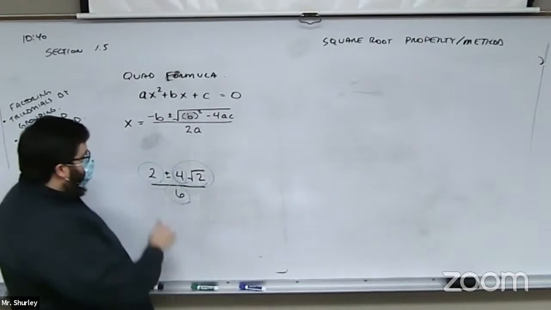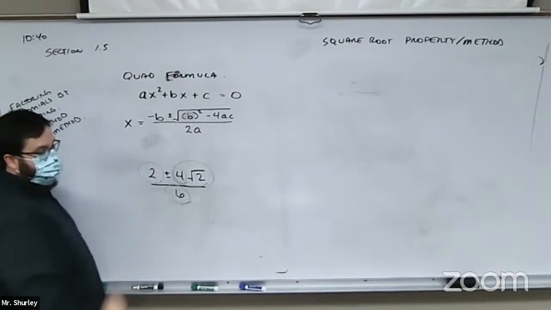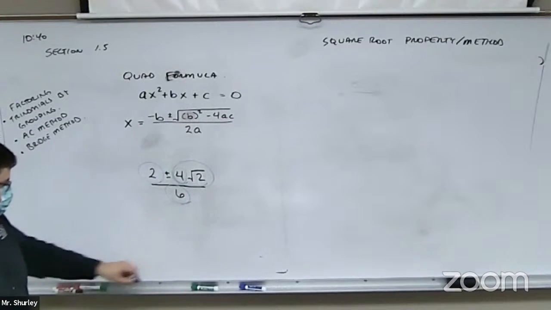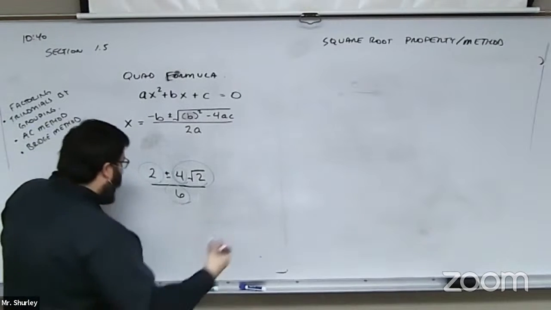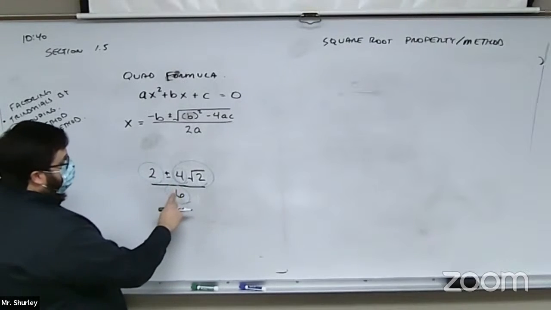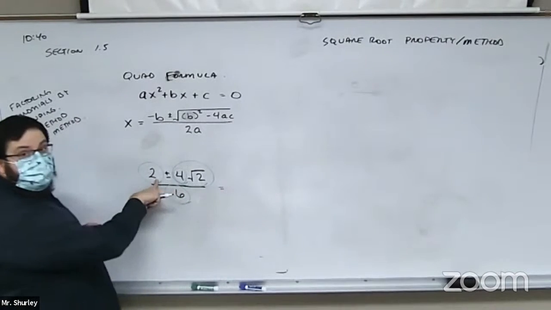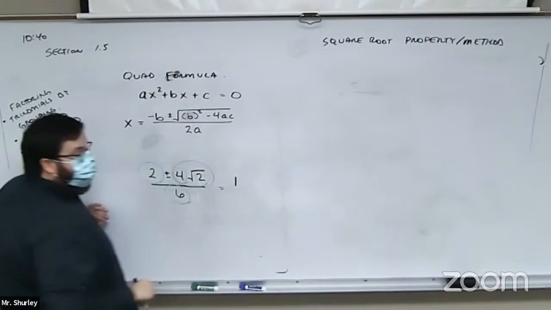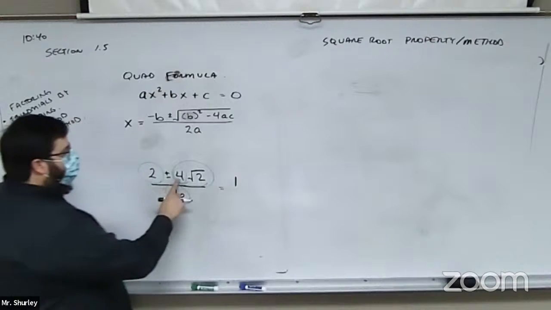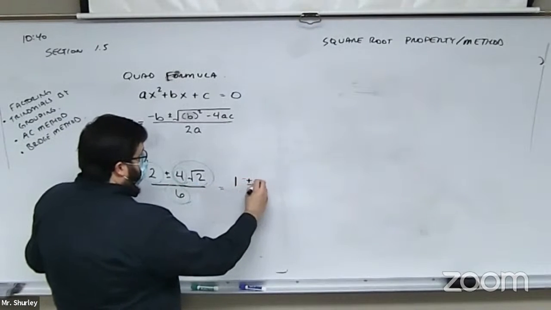So if we look at this, 2, 4, and 6, what's divisible into all 3 of those? 2 is divisible into all 3. So what we can do is divide 2 into all 3 parts. 2 divided by 2 is 1, right? Don't tell me it's 0 and it goes away. It doesn't go away. It's just 1. 4 divided by 2 is 2.